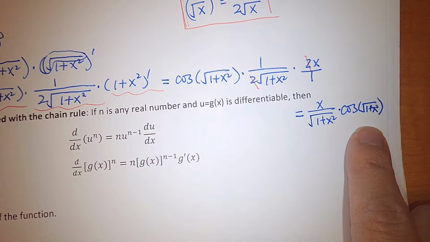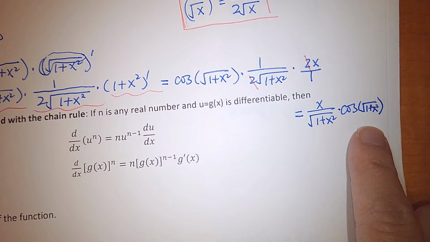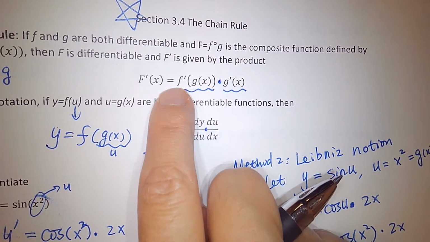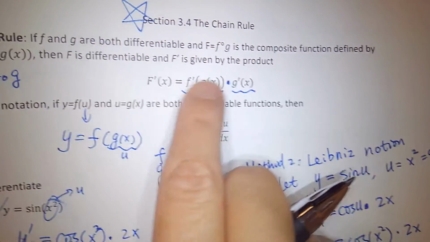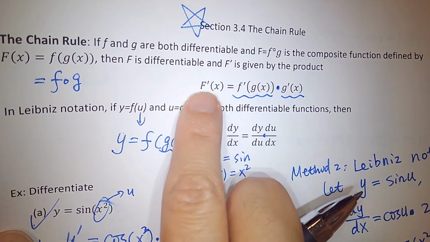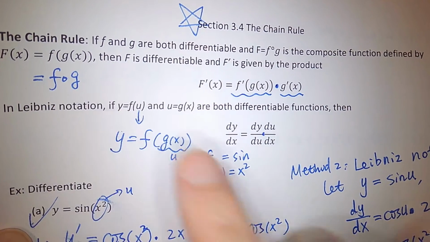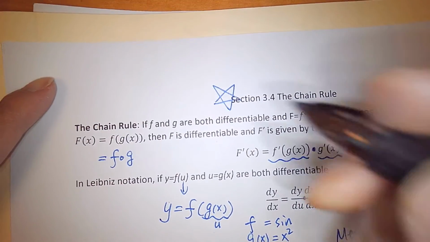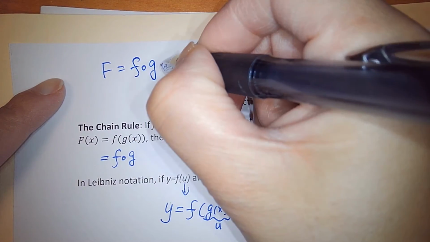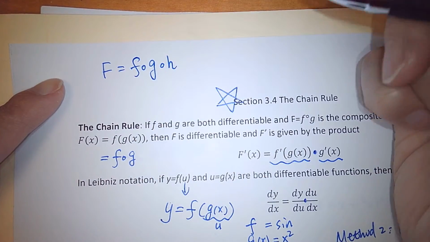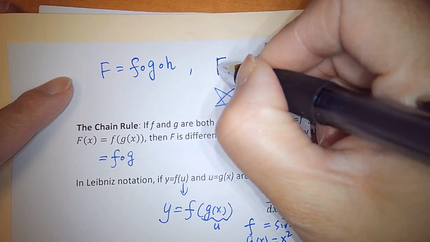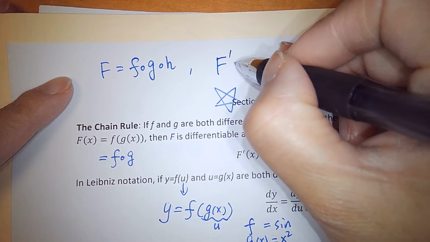Well, we really have to practice, okay? Well, the idea for the chain rule is what? It depends on how many layers of functions, how many layers in the composite function, okay? So this is 2 layers, f and g. If I'm going to write F as a composite function of f, g, and h, how do you compute the derivative of capital F?